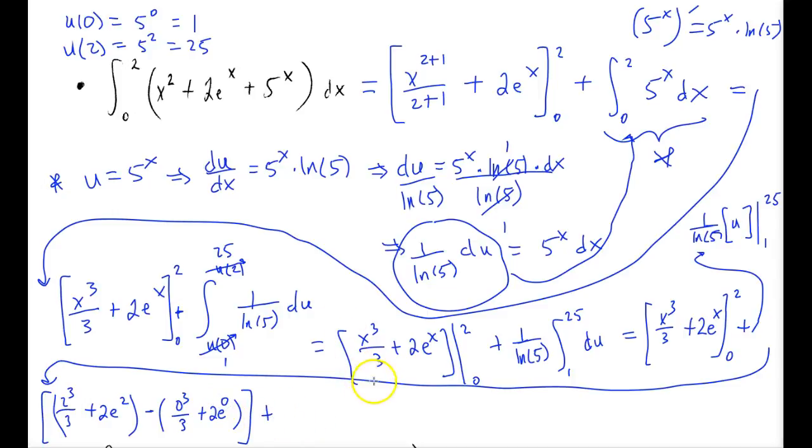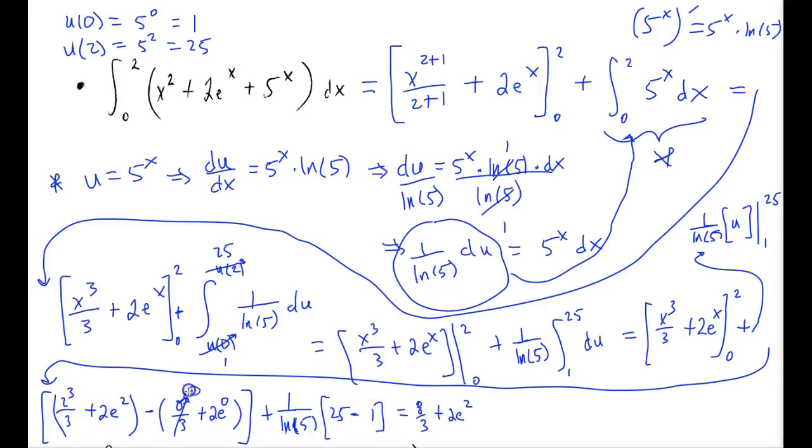So now we will have 1 over natural log of 5. And inside here we would have 25 minus 1. And of course here, we work this out. This would be 8 over 3 plus 2e squared.